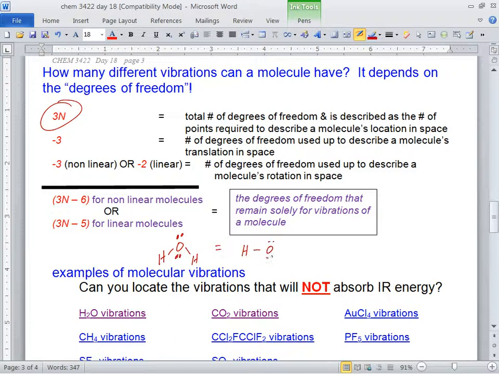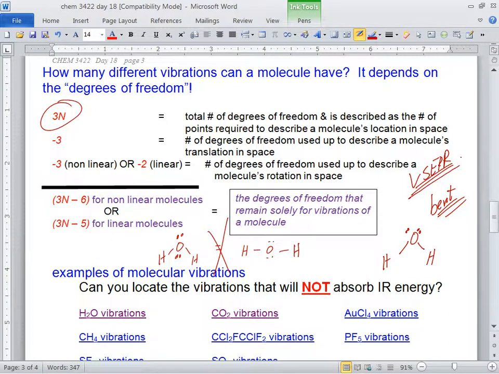That's not how it works. The VSEPR theory says no, it's going to be bent. And if you want, we can review that, but it's bent. It's valence shell electron pair repulsion theory, VSEPR.